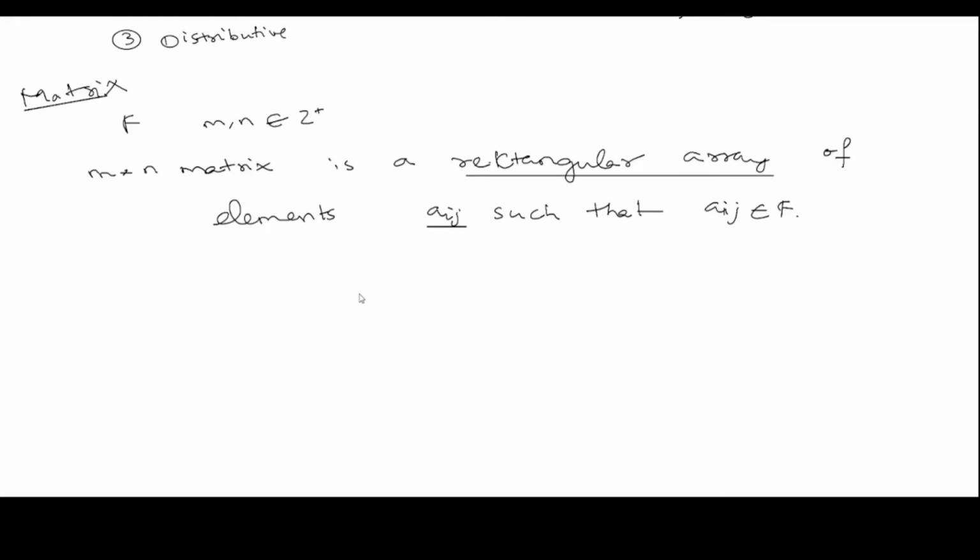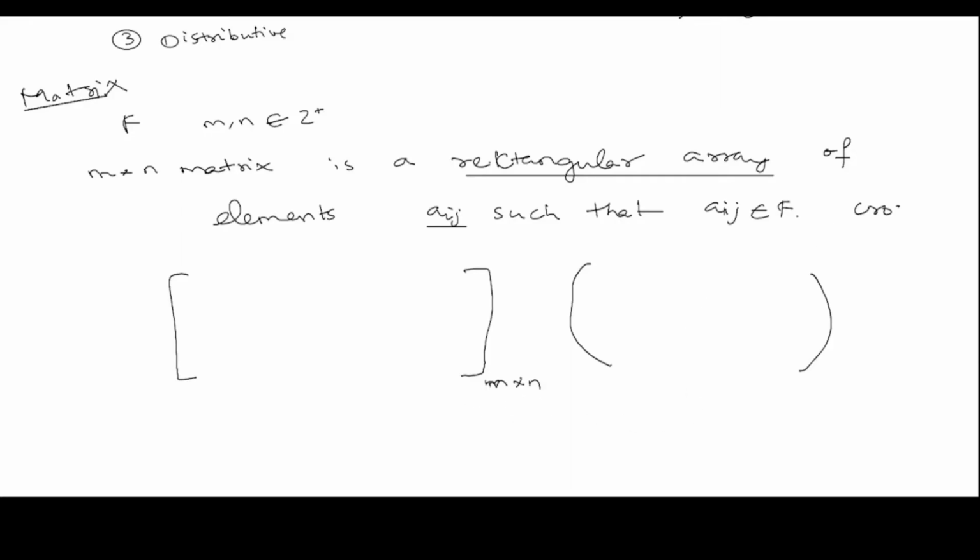An array is basically a list of elements, right? It's just a list. We have a, b, c, d, some elements, and it makes a list. That's an array. So we represent a matrix inside two brackets, or you can use square brackets or the usual brackets, with m cross n, or we can call it m by n.